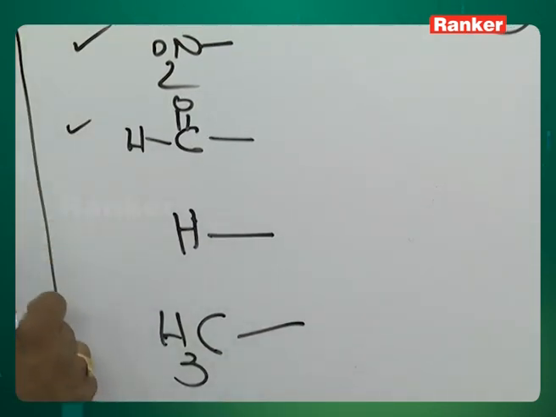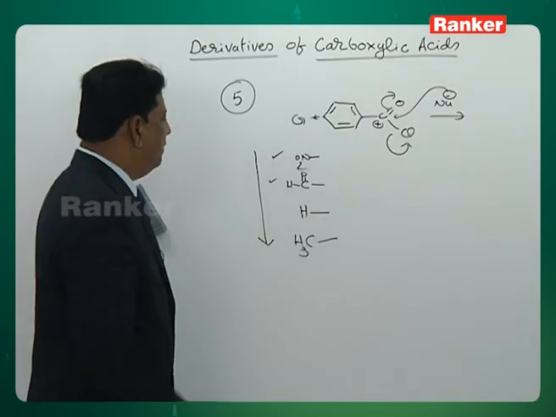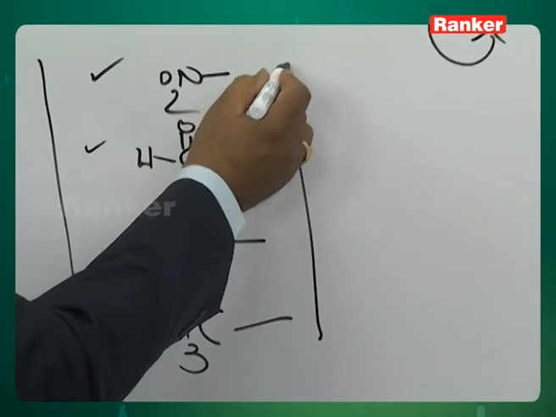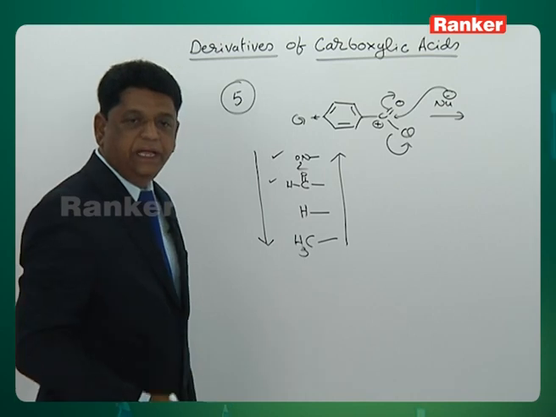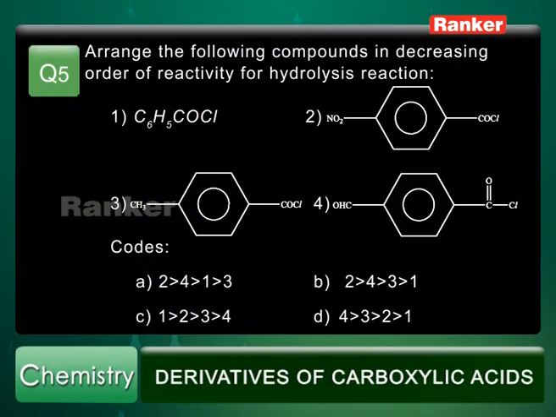This is the decreasing order of reactivity, and the reverse is the increasing order. First the nitro group, that is option 2, is number 1, then comes 4, then 3, then 1. That is option B, the right answer.